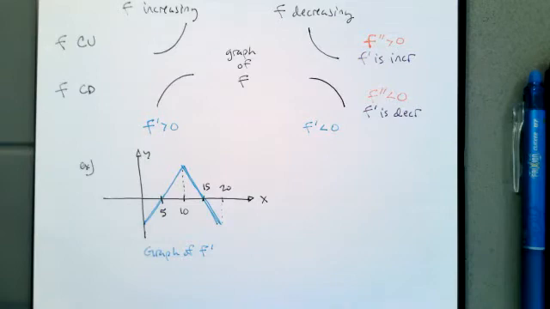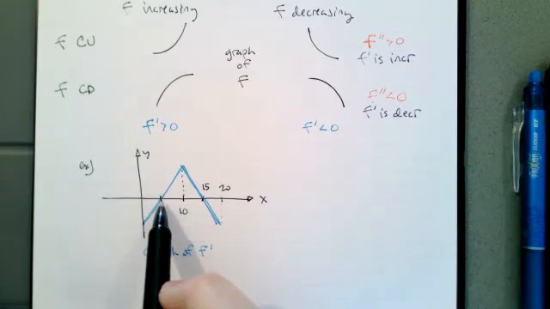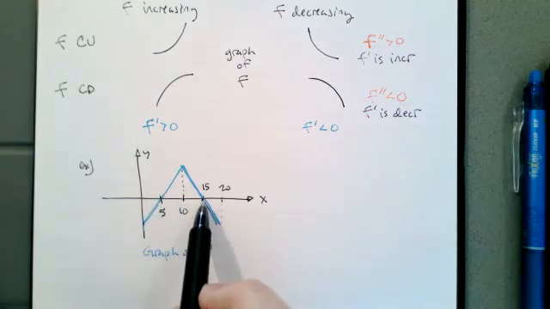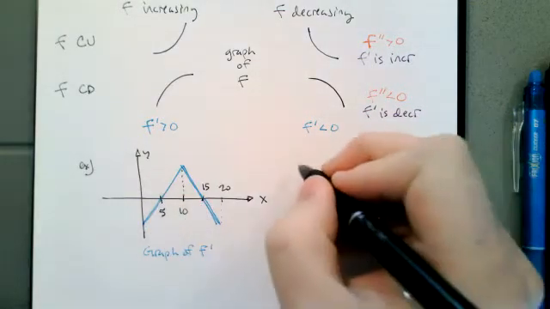So this is similar to what you saw on the quiz. It's a bunch of line segments because it's easiest to see. So here we're looking at the graph of f prime. The sign of f prime tells us when the function is increasing. So we can see that f prime is positive on the interval from 5 to 15.